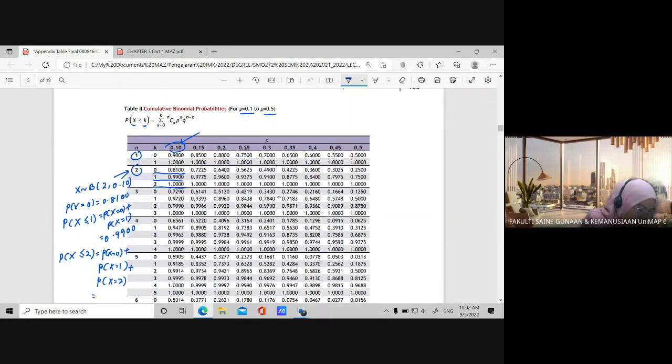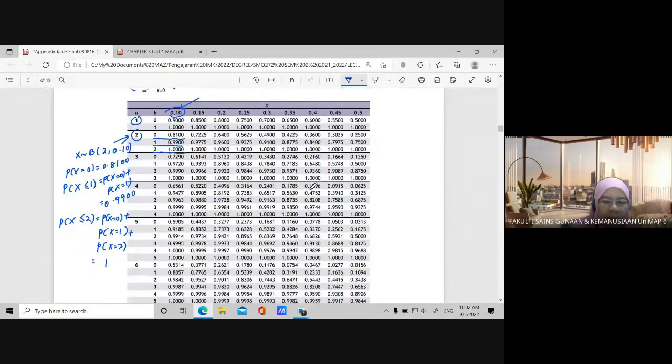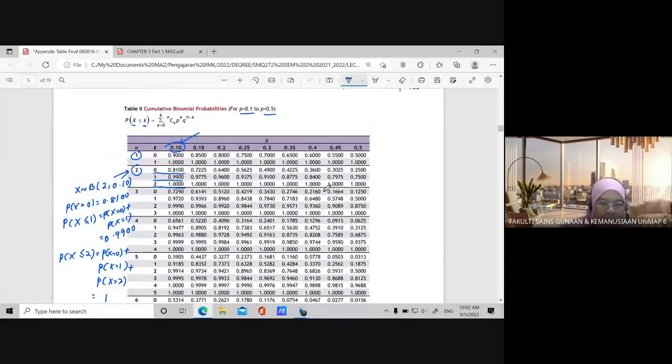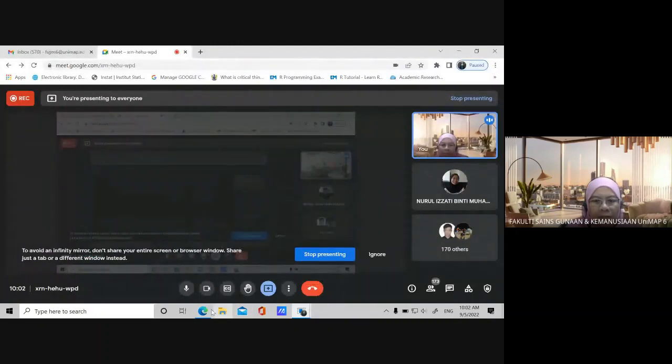You get 1. So that's how we read the cumulative probability distribution for binomial. Anyone got any questions so far, class? Anyone, any question?